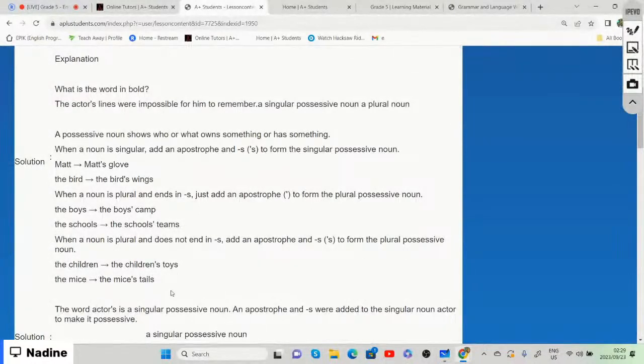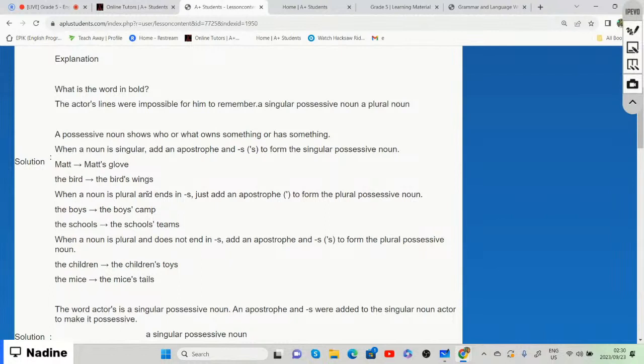So, a possessive noun, right? It shows who or what owns something and has something. And that is why we put the apostrophe, right? Because it's almost like it shows emphasis that it belongs to. It's Nadine's. So instead of saying it belongs to Nadine, we can say it's Nadine's. It's John's. It's Anna's.